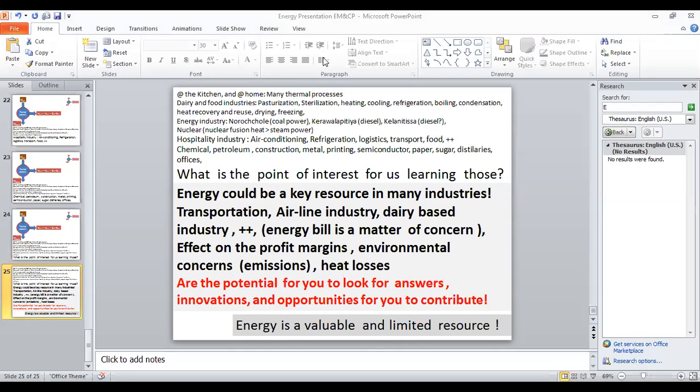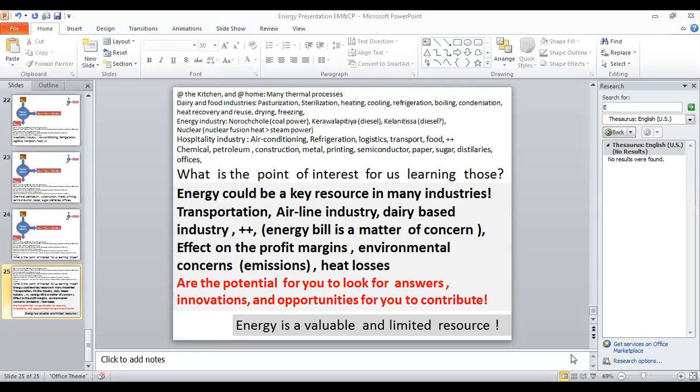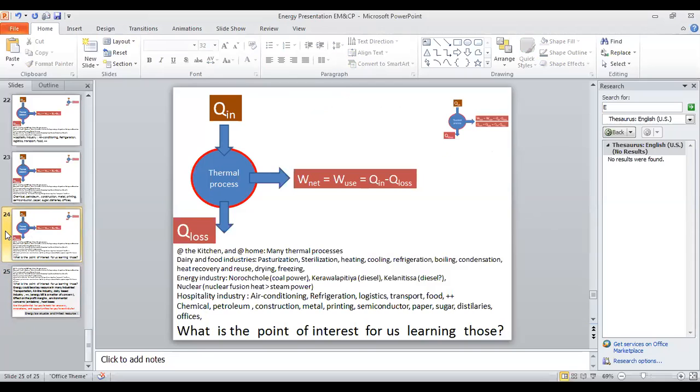So the energy sector is one of the key sectors when it comes to businesses and entrepreneurship. I believe you got some connections of these thermal energy processes with the subject. Of course, there are plenty of thermal energy processes, but whatever is mentioned here, I hope you got the connection.